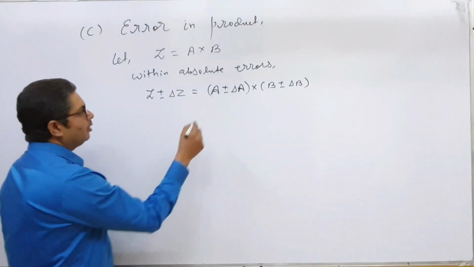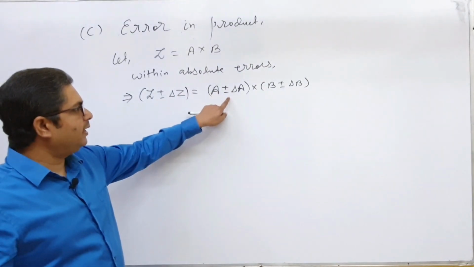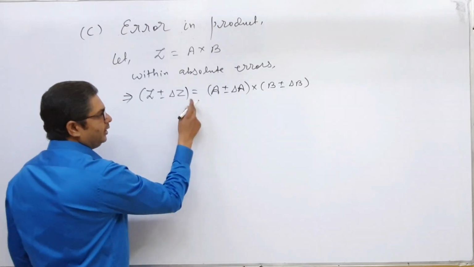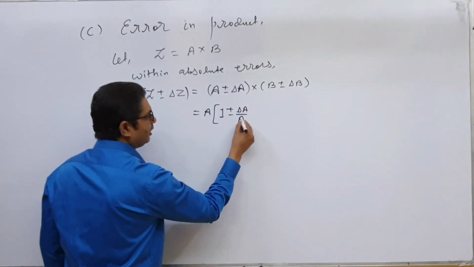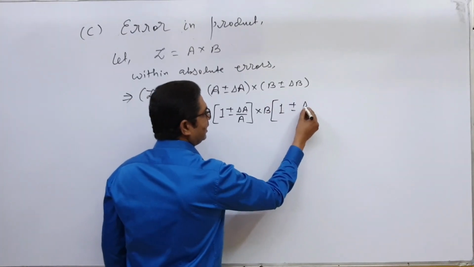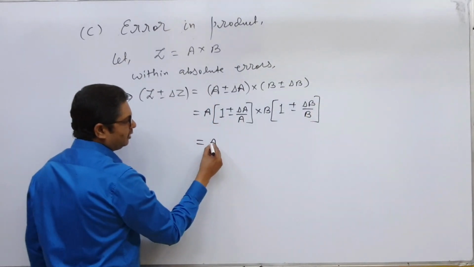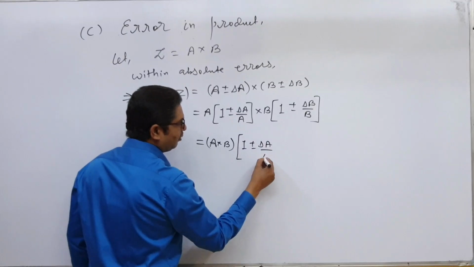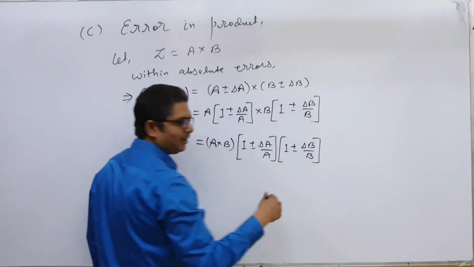Now here you have A plus minus delta A, and here I have into B plus minus delta B. Take out this A, so inside you have 1 plus minus delta A upon A, and take out this B, so you have 1 plus minus delta B upon B. Now you can write like this, A into B, here you have 1 plus minus delta A upon A, and here you have 1 plus minus delta B upon B. Okay.